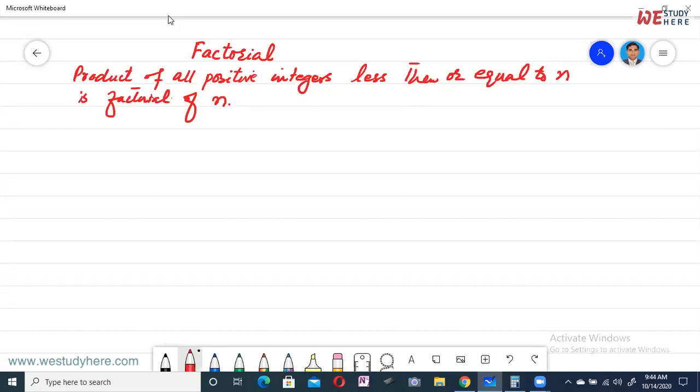And we will represent the factorial of n like this. This notation you can check on the calculator as well.